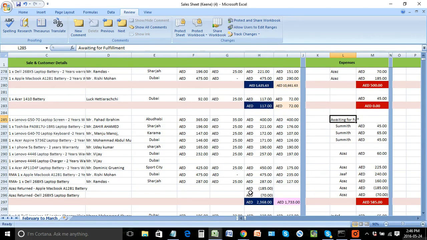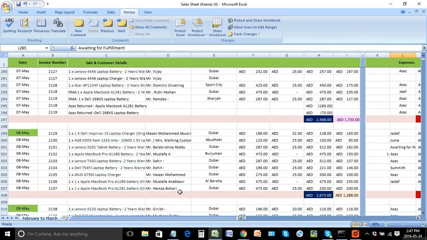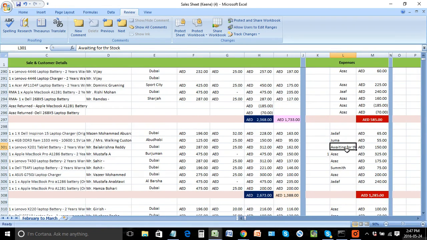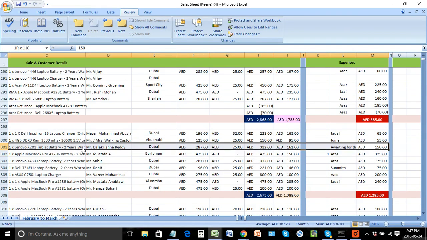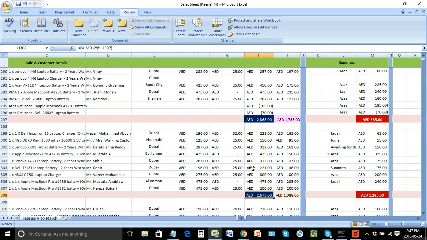And it gets worse. If you go down, it says again waiting for stock. If it's waiting for stock, it means this item hasn't been delivered yet. So how do we add that data into an accounting sheet?